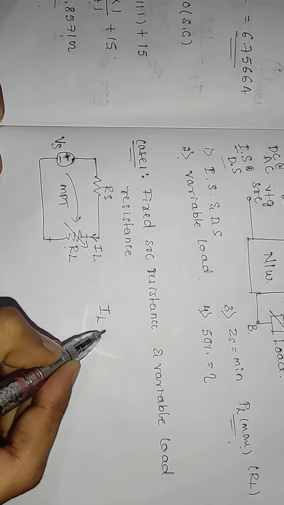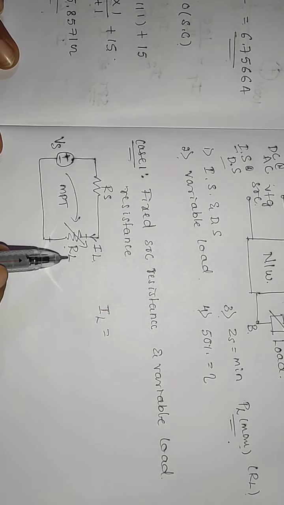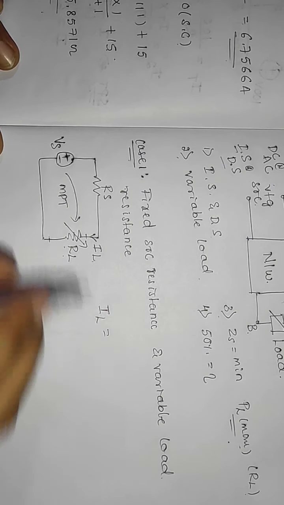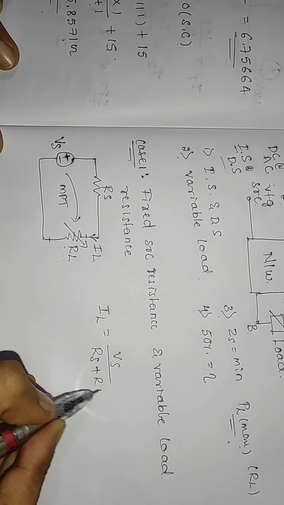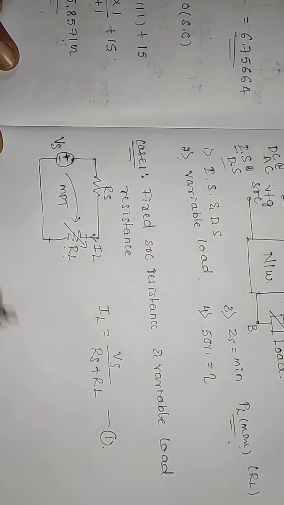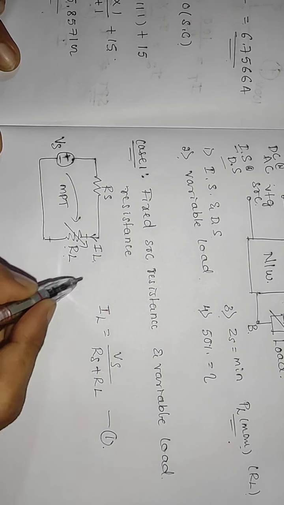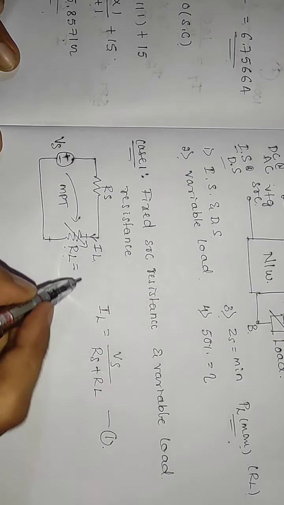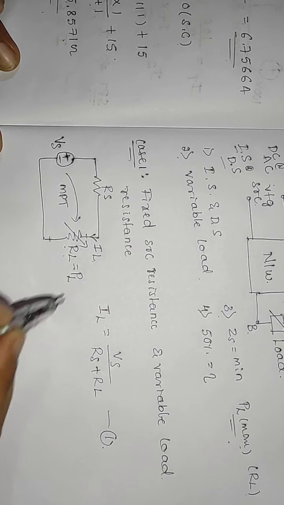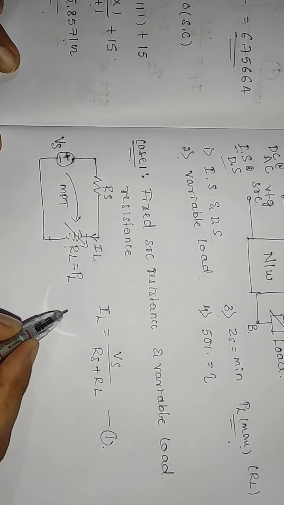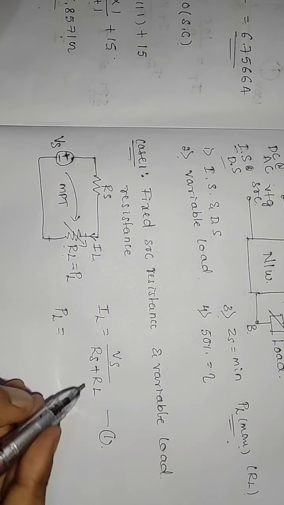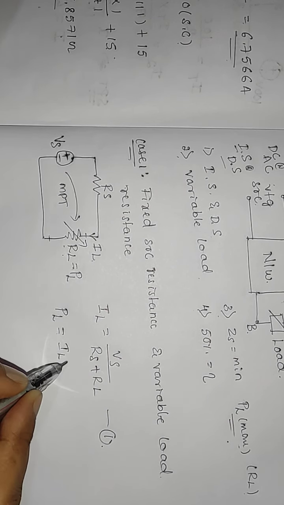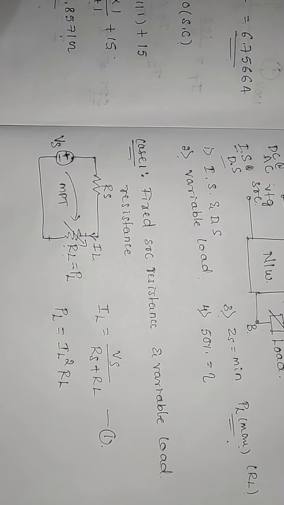So IL is equal to, here RS and RL, these two resistors are connected in series. The IL value is Vs divided by RS plus RL, right? Consider this as your equation 1. The power across this load resistor is PL, that is equal to IL square into RL, right?